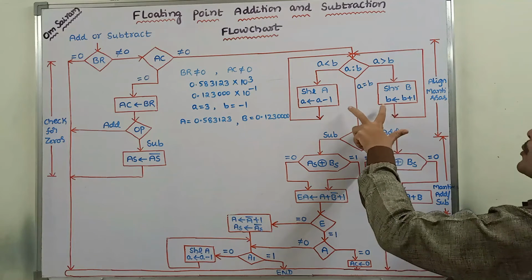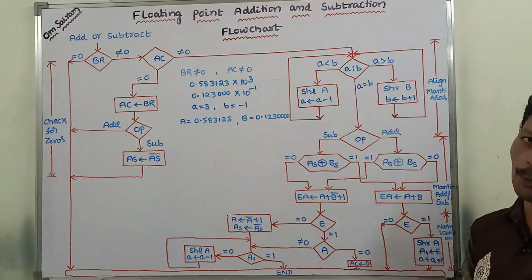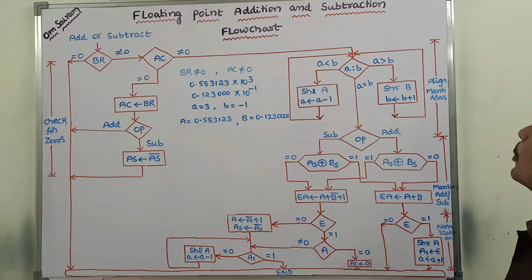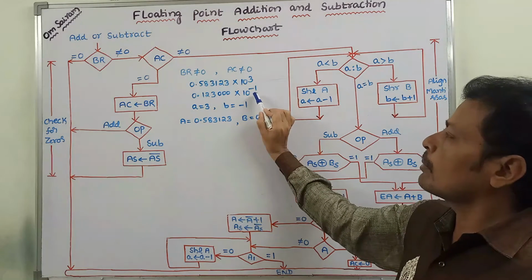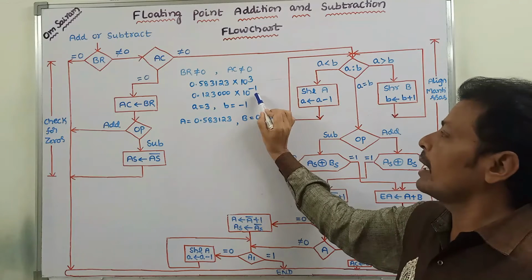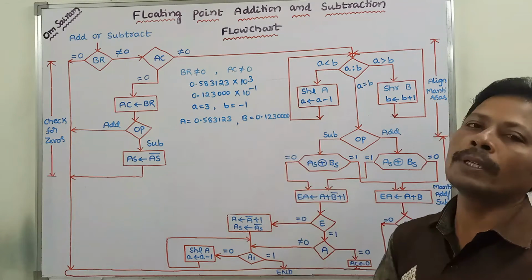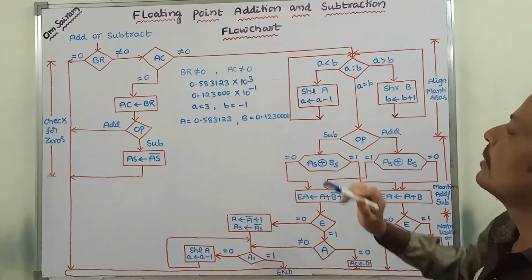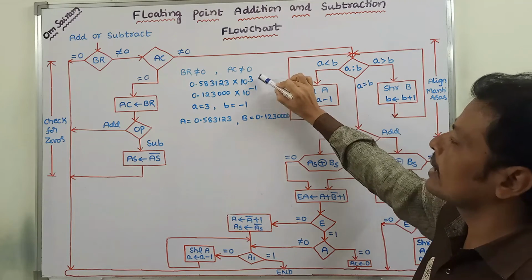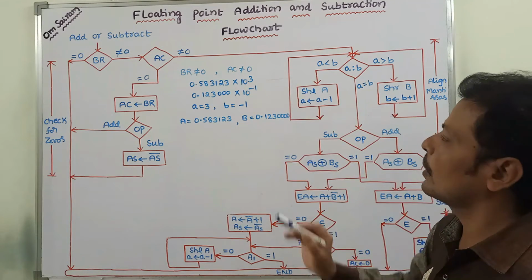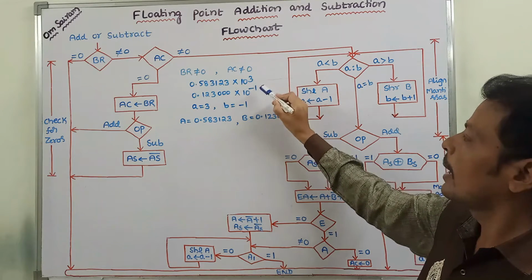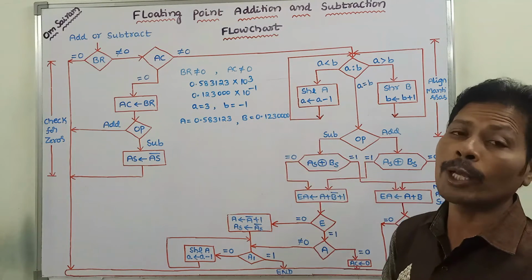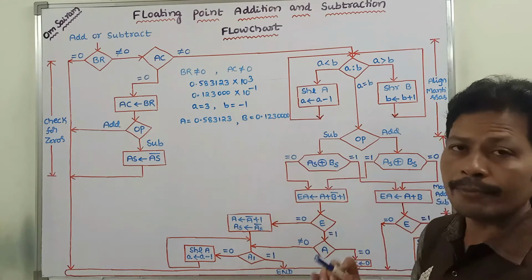Here we have to follow two approaches. The first approach is that 10 power minus 1 can be incremented to 10 power 3. Then both exponents are equal. Here the exponent value of the first floating point number is 3, and the exponent value of the second floating point number is minus 1.